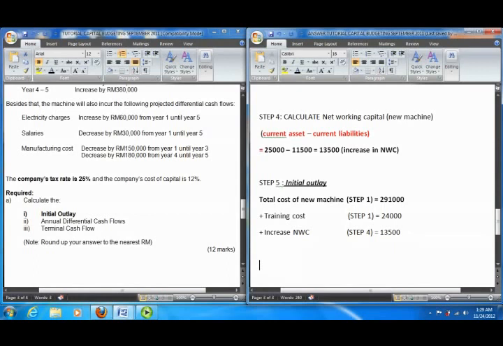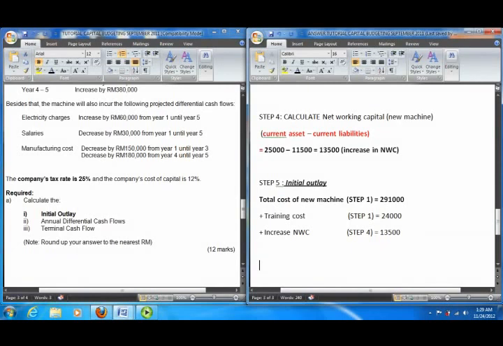Alright, class. Initial outlay means we want to see your total outflow. You have to pay for the new machine 291,000, and your training cost 24,000, and the increase in your assets and liabilities 13,500. Now class, through selling your old machine, you get an inflow, right? So is that your total outflow?